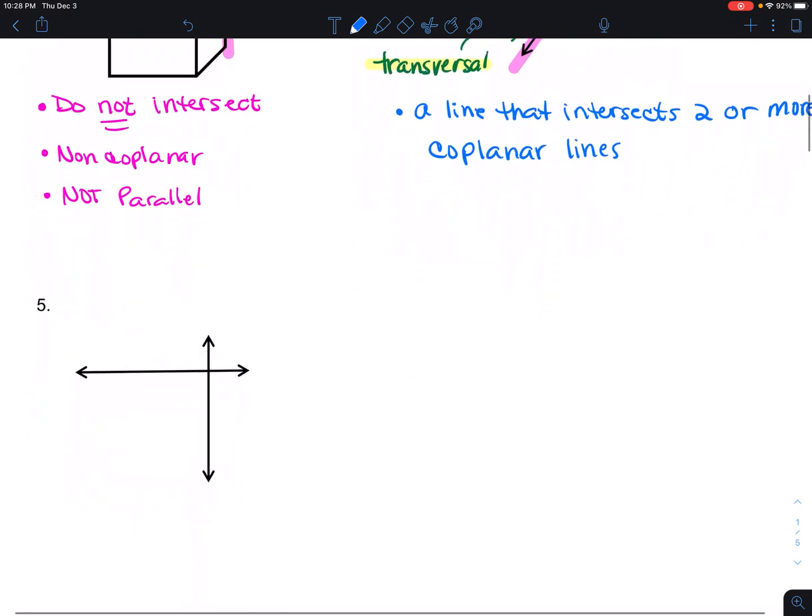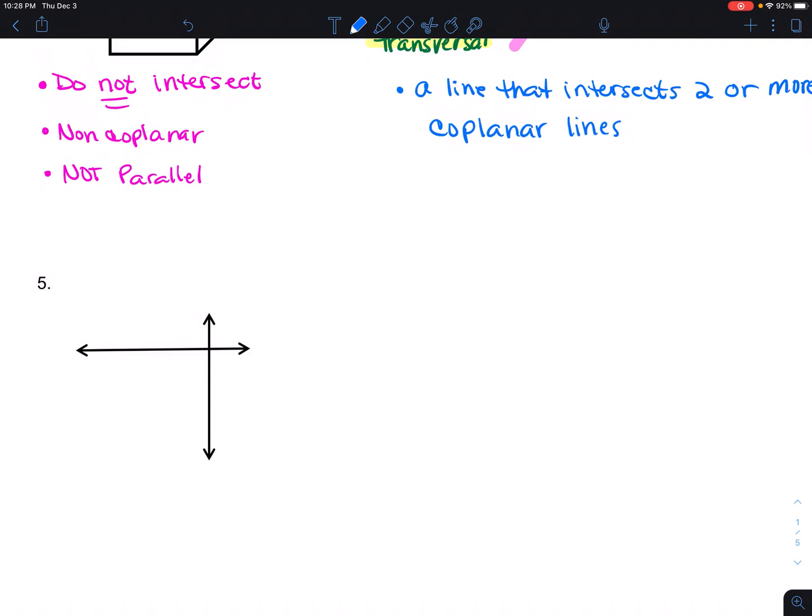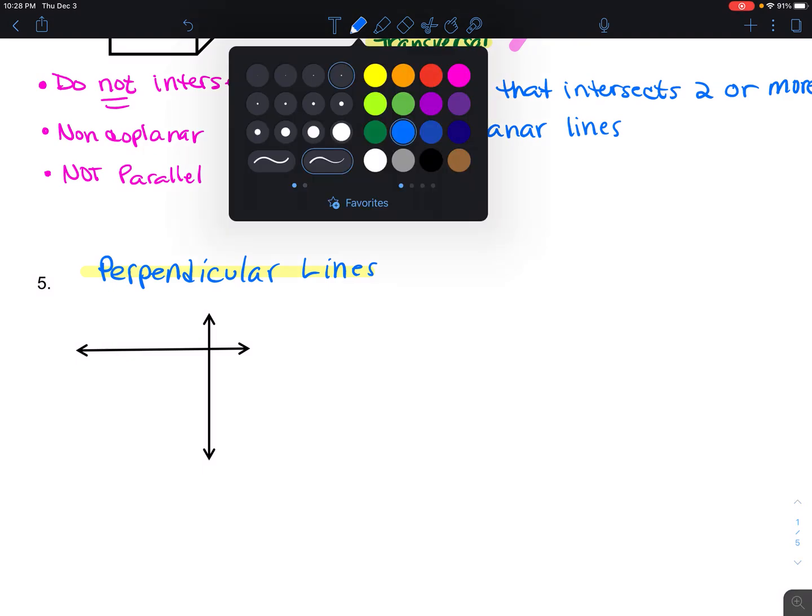And our last picture is an example of perpendicular lines. You don't know they're perpendicular unless you have something showing you.